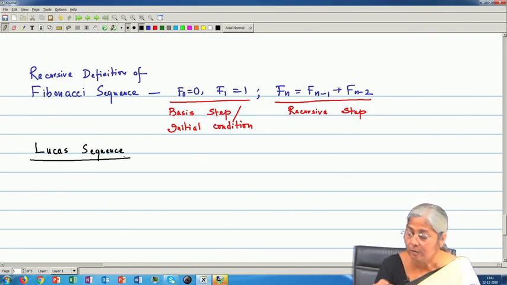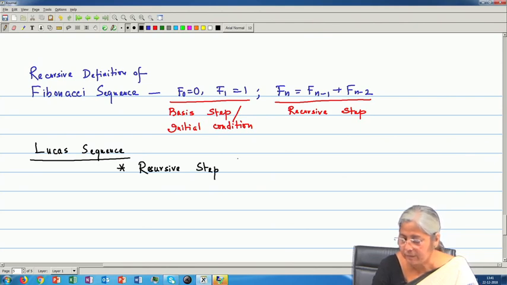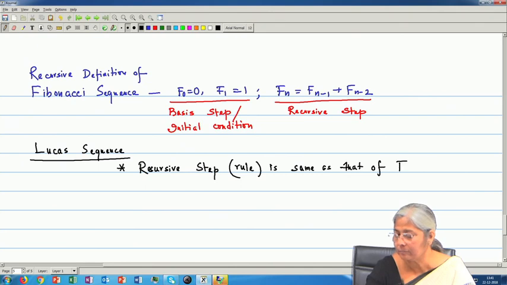Here the recursive rule or recursive step is the same as that of the Fibonacci sequence.